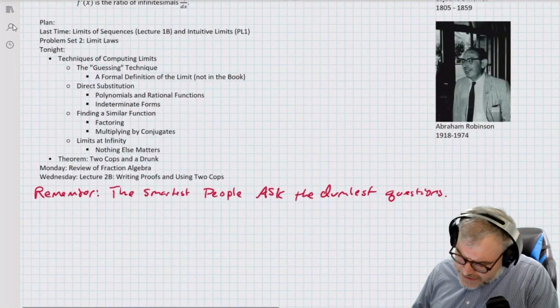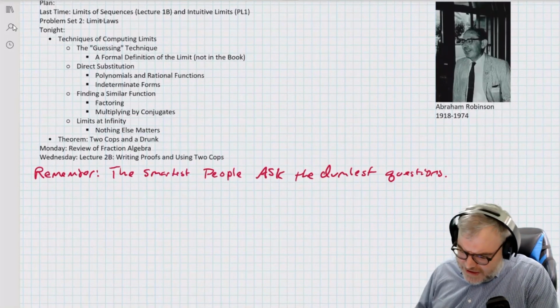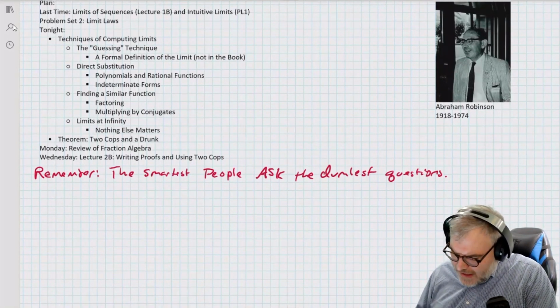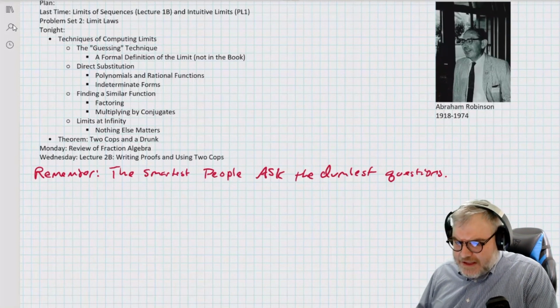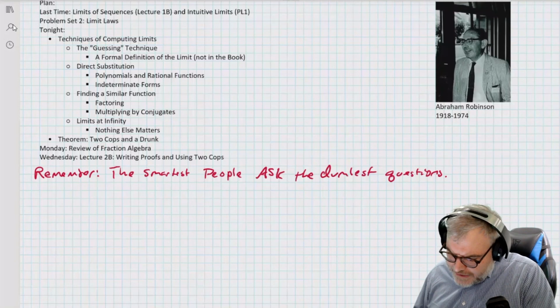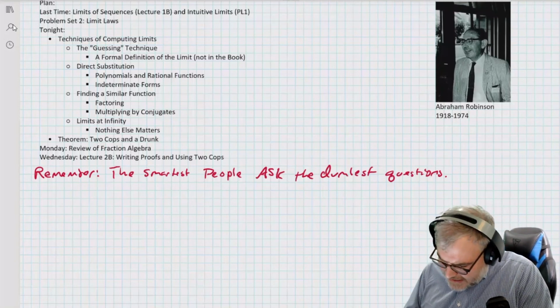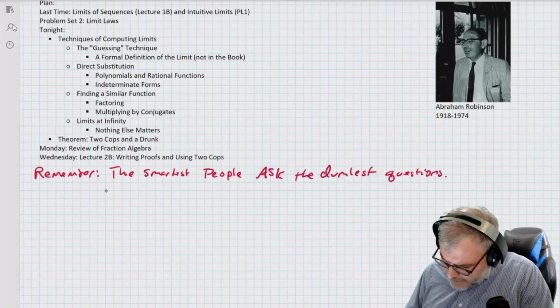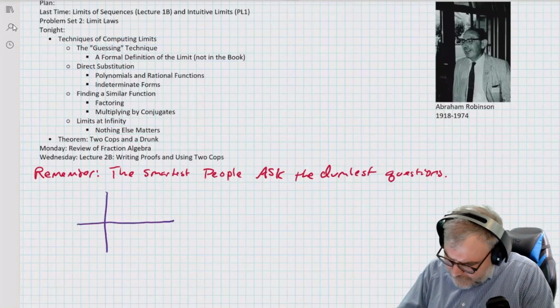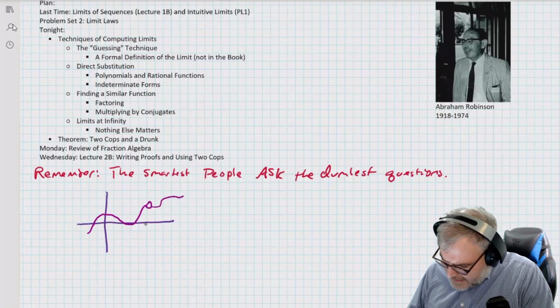Okay, so let's jump in to what we've done here. Last time we talked about limits of sequences. And then in peer leading, you talked about intuitive limits. So I had a function F, and a point here.